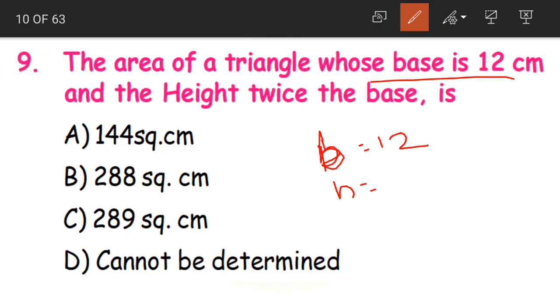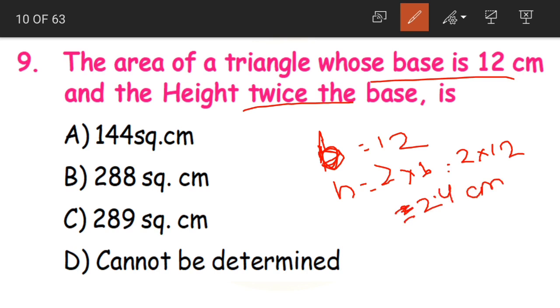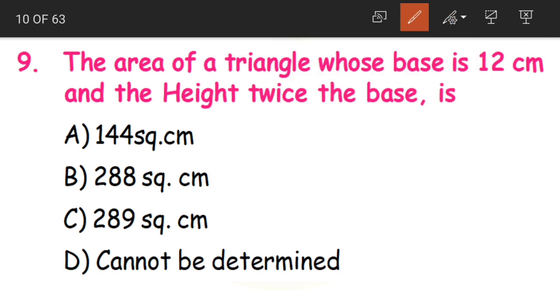Height is twice the base. That means 2 into B. What is B here? B is 12. So 2 into 12 is equal to 24 centimeters. Base is 12 centimeters and height is 24 centimeters. Understood?